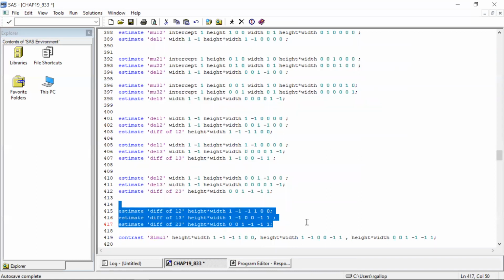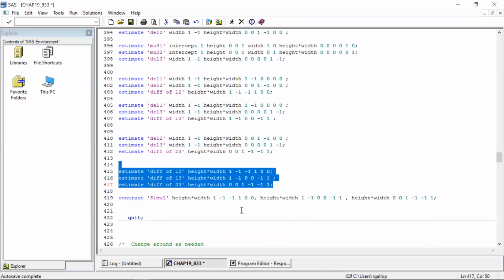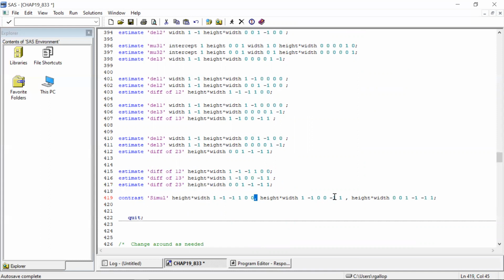We said if we want to form a simultaneous contrast in SAS, it's just having our contrast terms separated by a comma. So this component here is right there, this component here is right there, and this component here is right there.